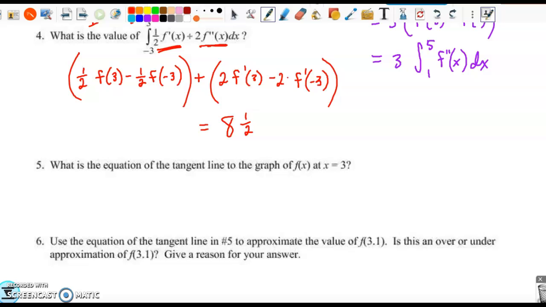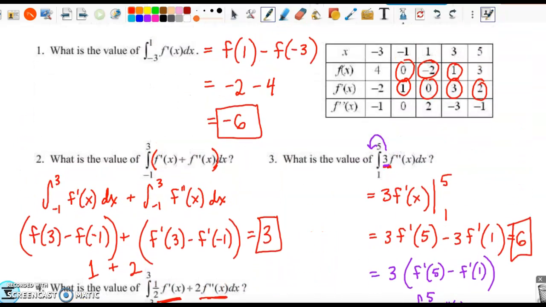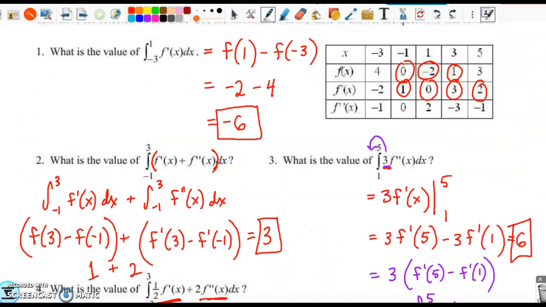I like this because he reminds you how to find the equation of a tangent line, something we've done ages ago. So as you remember, tangent line, we need a slope and a point. Well, as a reminder, we're doing f of 3. That's the point. So go to your table that f of 3 is 1, and then f prime of 3 is 3.